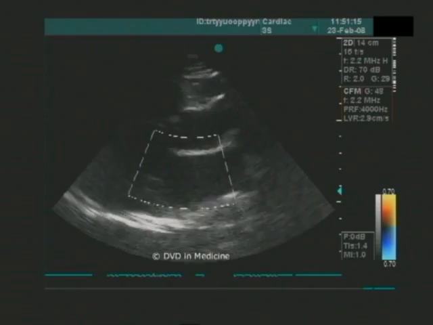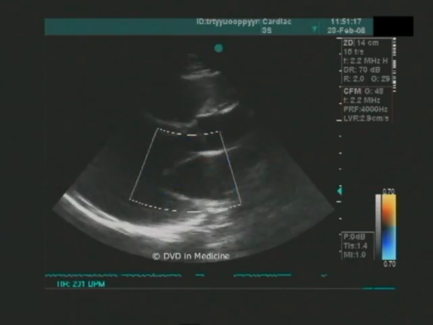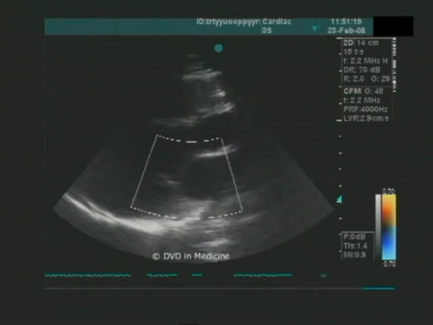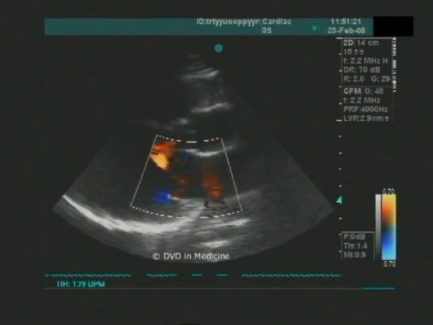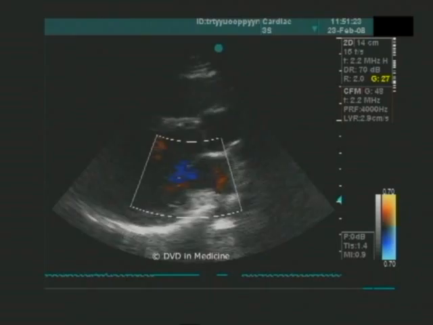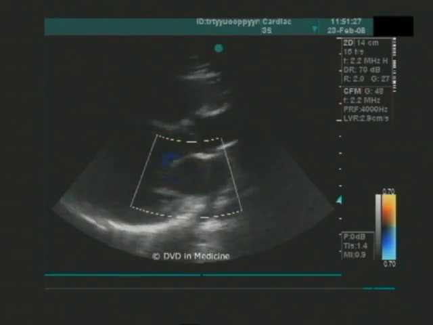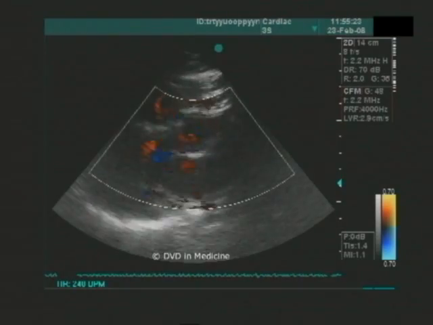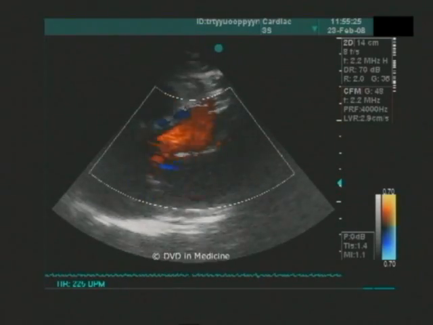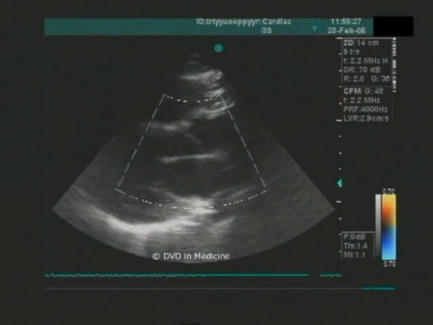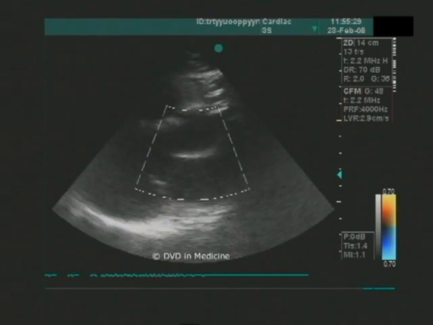Then we demonstrate the optimal color box size for mitral valve investigation. Finally, we demonstrate the optimal color box size for simultaneous investigation of mitral and aortic valves.